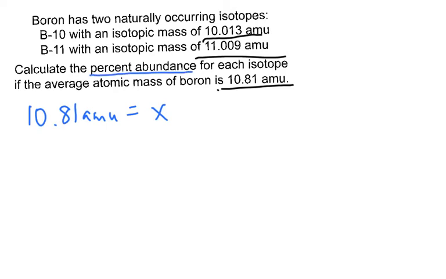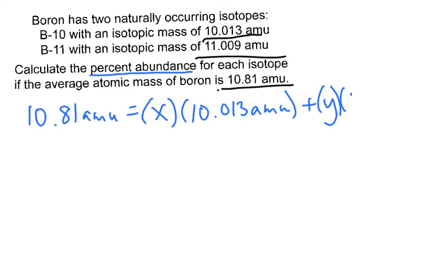So percent abundance is the fraction times 100. So X times 10.013 AMU plus Y times 11.009 AMU.